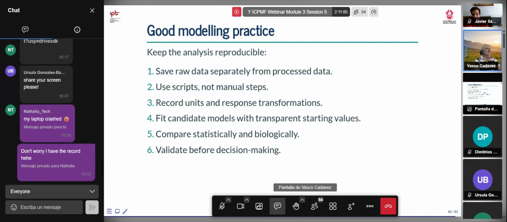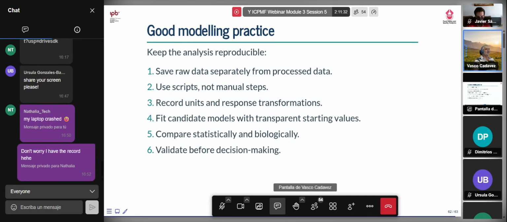Okay, so to finish, as advice, if you want to keep your analysis reproducible, you need to save the raw data separately from processed data. You saw that I was always changing the name of the data because I want to always keep the original data, and then I process and give different names in order not to lose my original data.